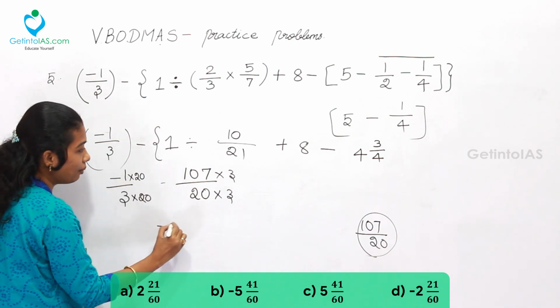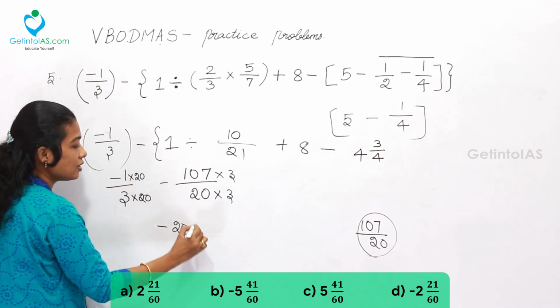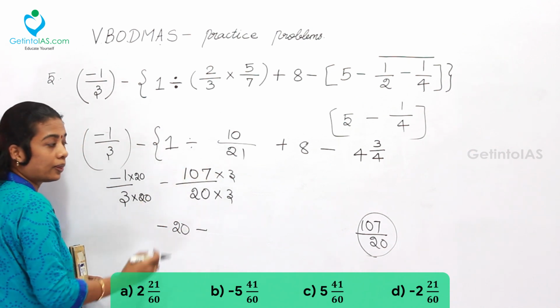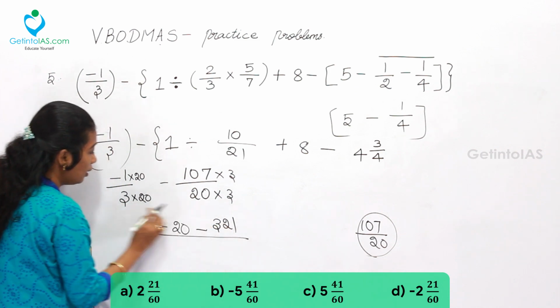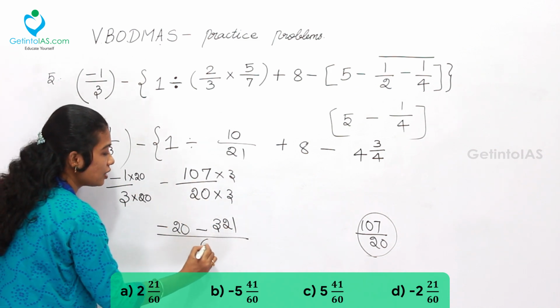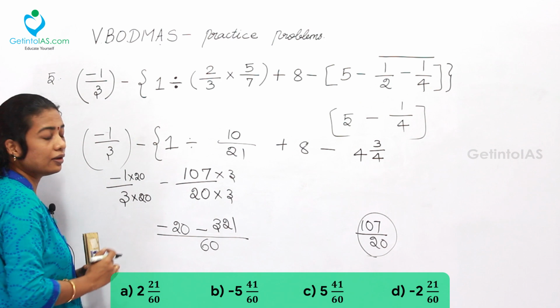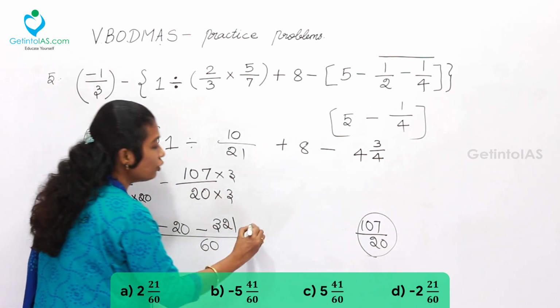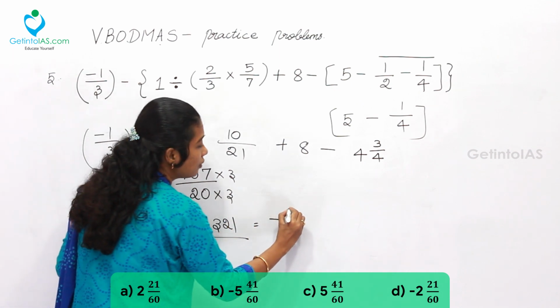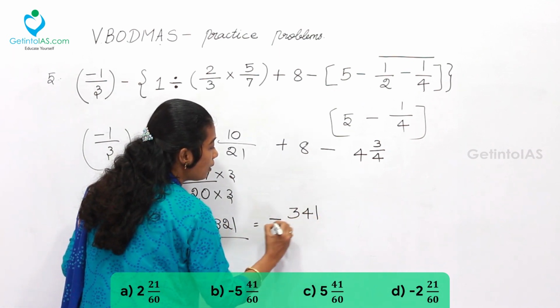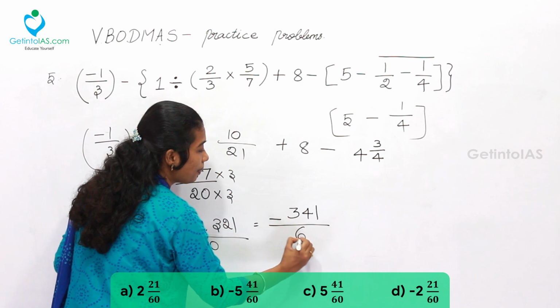Minus 1 into 20, minus 20, minus 107 into 3, that is simply 321, divided by 3 into 20, or 20 into 3, 60. Final result, minus and minus will give you the result in minus. So 20 and 321 add up, 341 divided by 60.